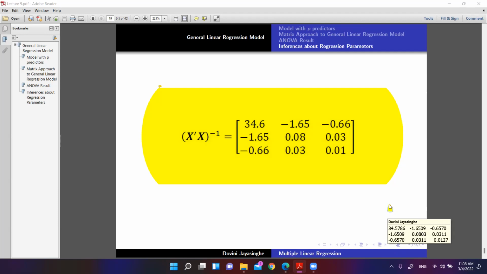Just copy this matrix first, then I'll show you the data set, so that you can work it out. It's better if you can take a screenshot, it's quick.